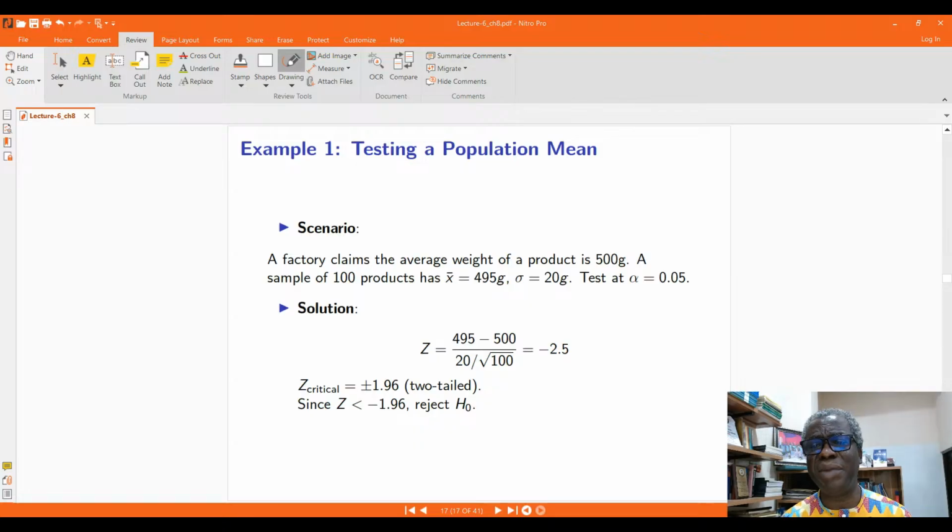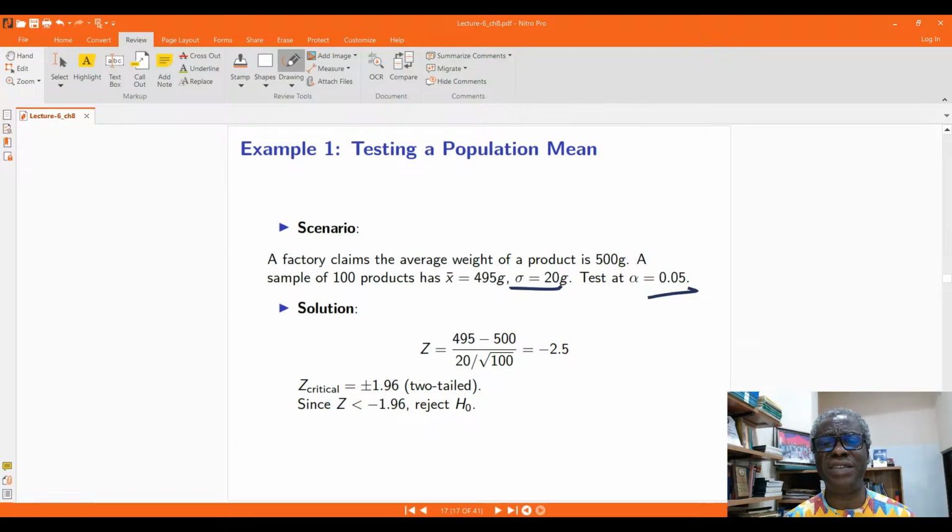The sigma, which represents the population standard deviation, in this case it is known, so is given as 20 grams. So the alpha that is chosen for this test is 0.05. So for us to take a decision whether this claim is true or not, we have all the information.